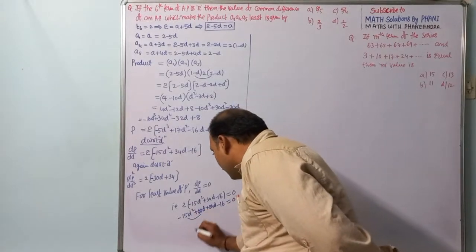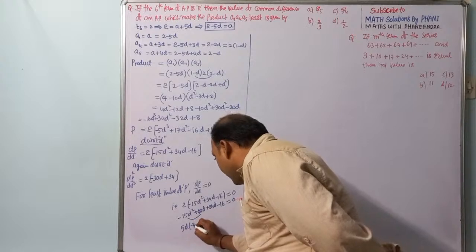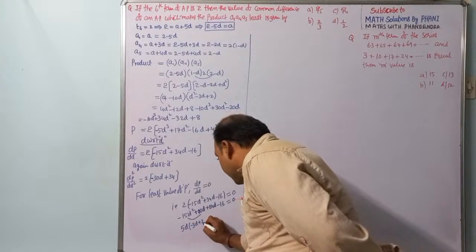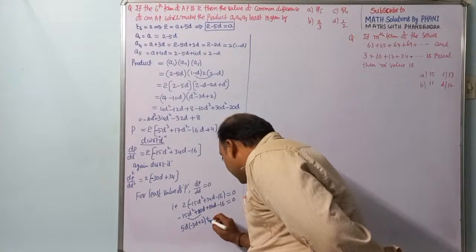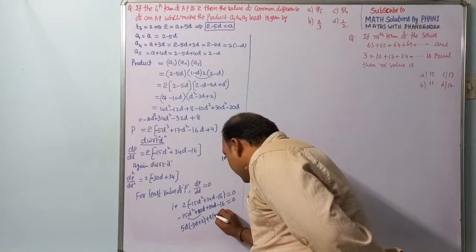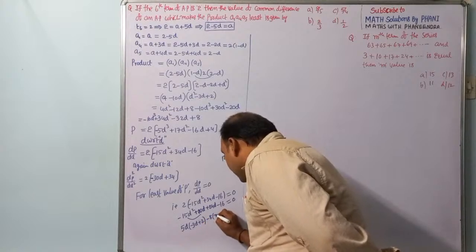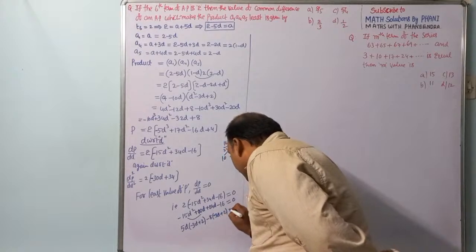So from these two, 5d if you take out common, minus 3d plus 2, plus here also 8 if you take common, so minus 8 bring outside, minus 8 minus 3d plus 2.